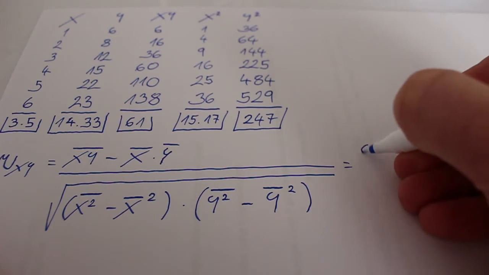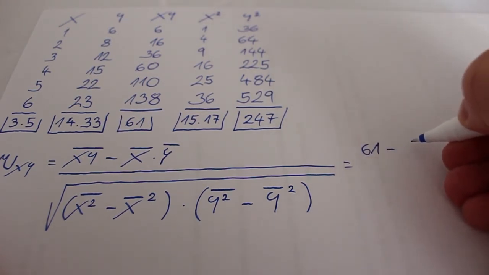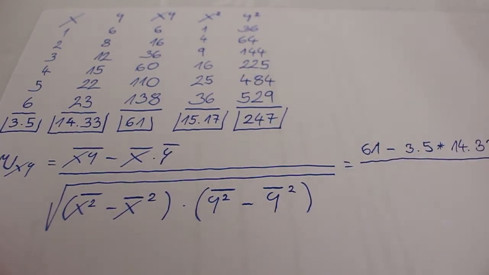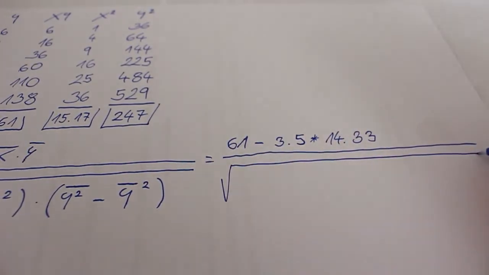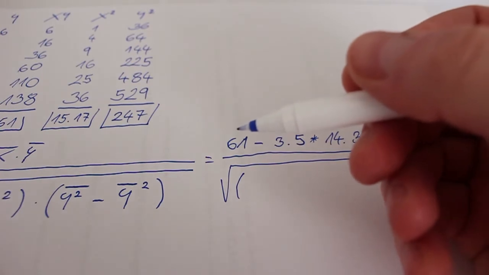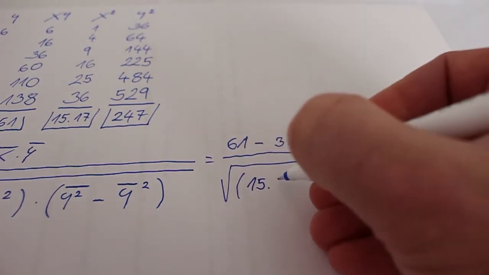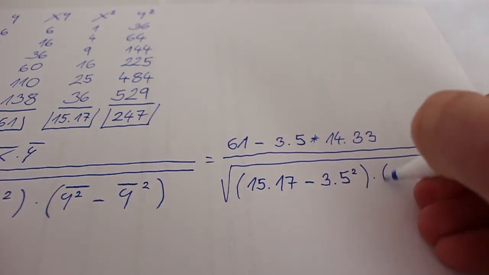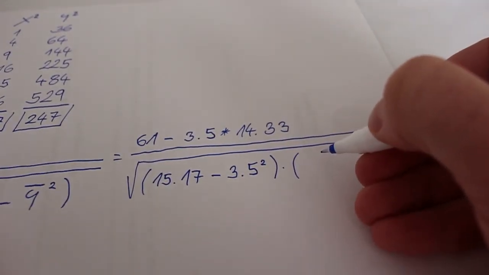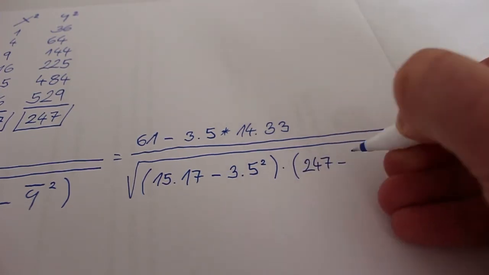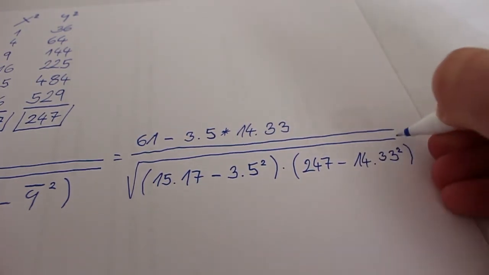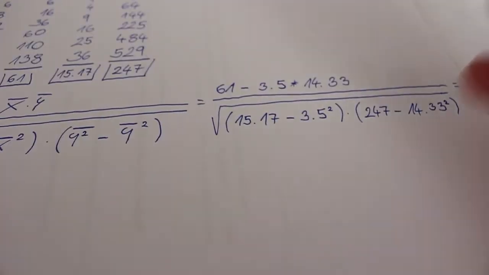So in the numerator, 61 minus 3.5 times 14.33, divided by a square root, and we have here x squared mean, 15.17 minus 3.5 squared, times y squared mean, 247 minus 14.33 squared.